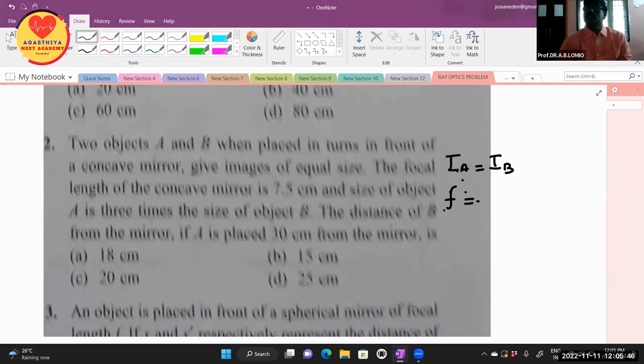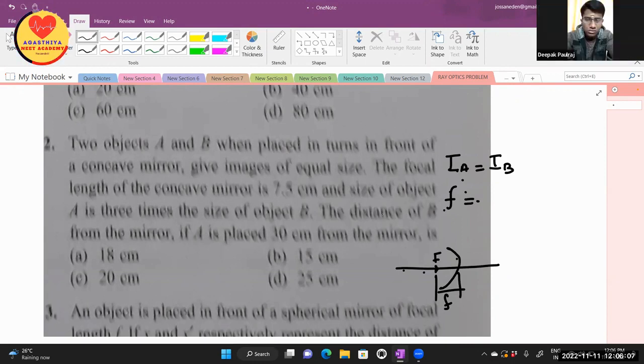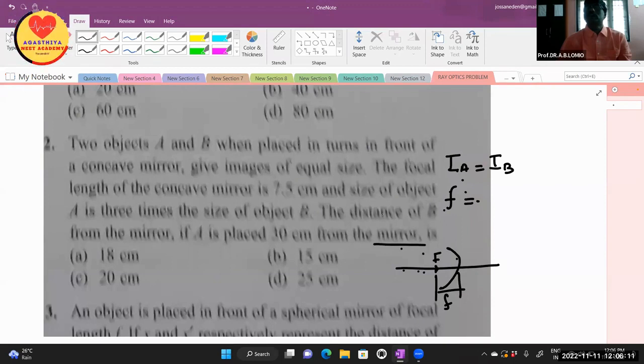Focal length. Is it plus or minus? This is the concave mirror. Focal length is the distance from the pole to the focus. Is it minus or plus? Plus. See how it comes out. The direction of the ray of light is going this way.